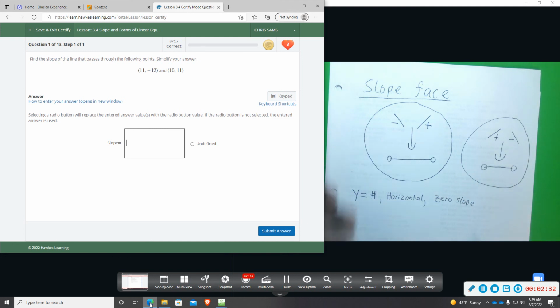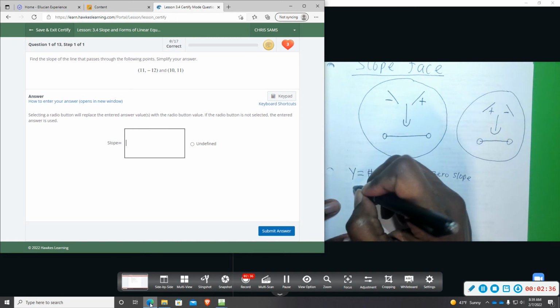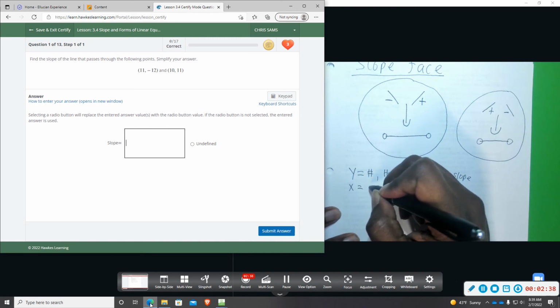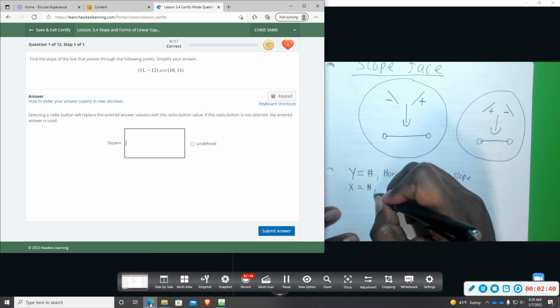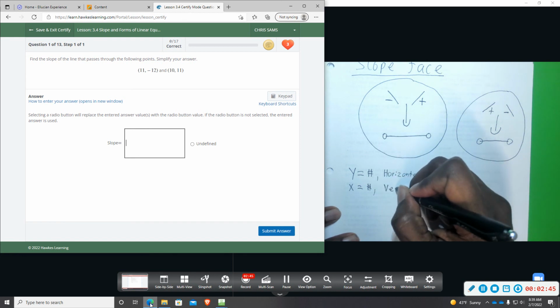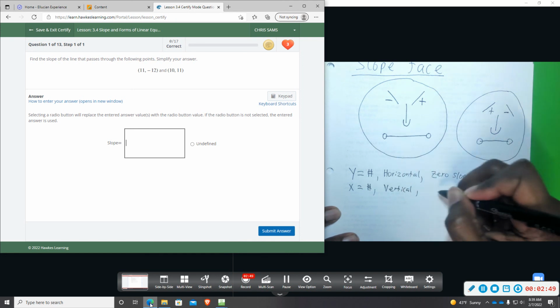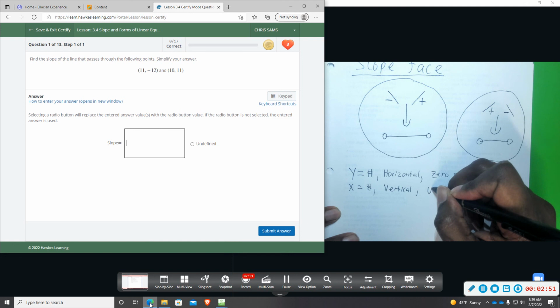So just to help you remember, when you see y equals, it's straight across. And then we have x equals some number. It is a vertical line, and it has undefined slope.